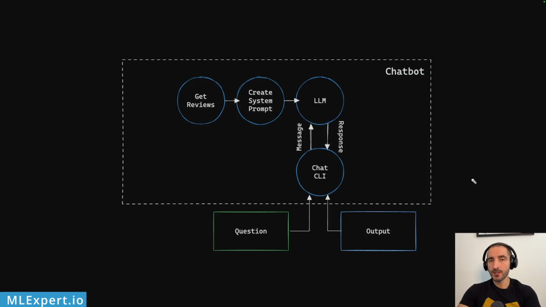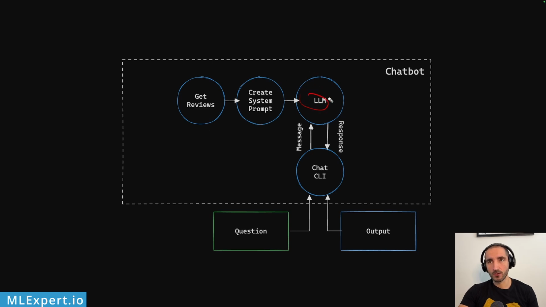This is a high-level overview of how our application is going to work. First step will be to get some reviews, that is mobile app reviews. Then, based on that, I'm going to create a prompt that is going to be passed into our LLM or our AI model. Based on that, we're going to get some user input and combine that with the reviews information.